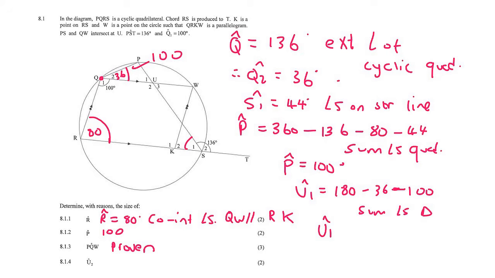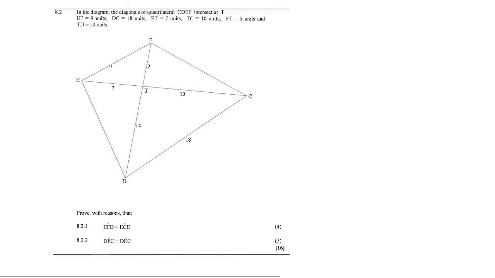And so angle U1 is going to equal 44 degrees. Now that's U1. Now we could do sum of angles on a straight line to find U2. So we can say therefore U2 is equal to 180 minus 44, and that's because of sum of angles on a straight line. And so that means that angle U2 is going to be equal to 136.